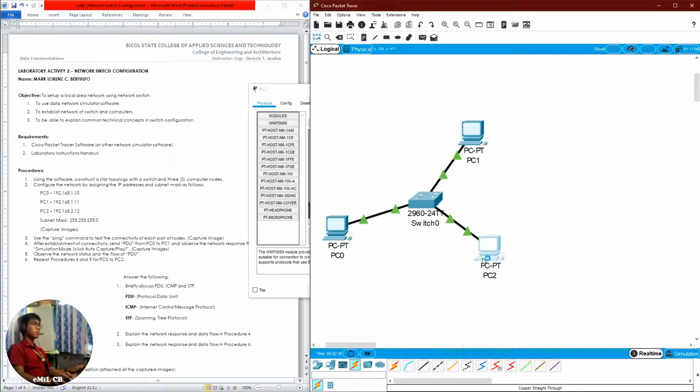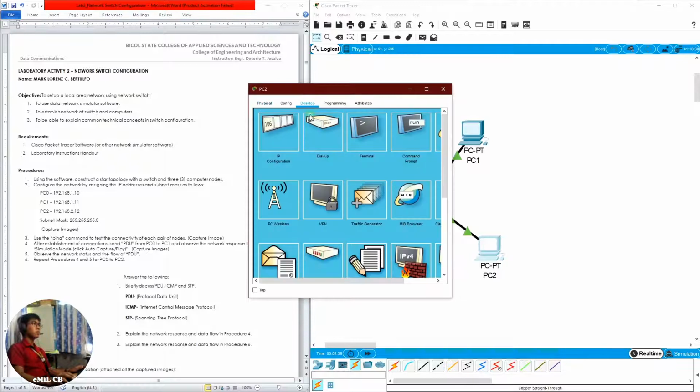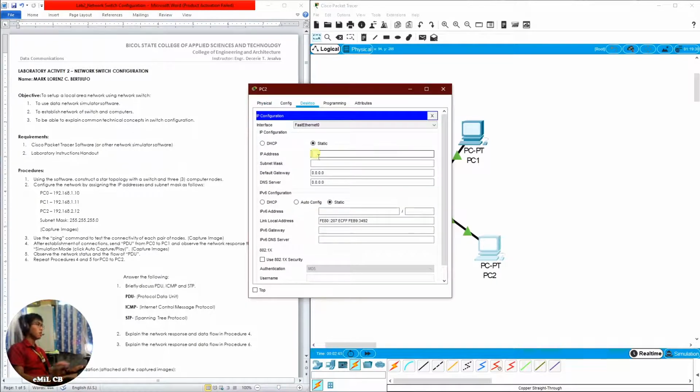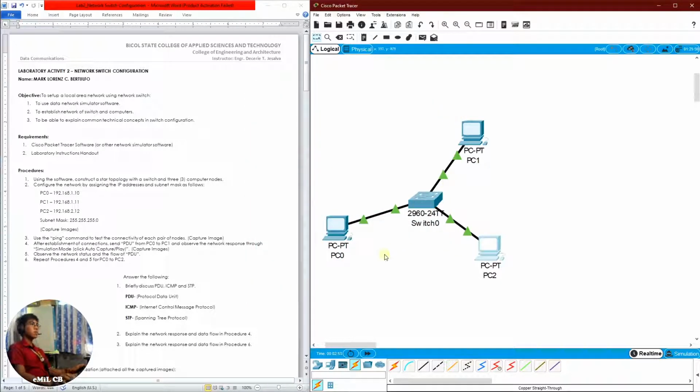And for PC2, we will be using the IP address of 192.168.1.12. Same subnet mask. Okay, that's good to go. Next procedure, use the ping command to test the connectivity of each pair of nodes.